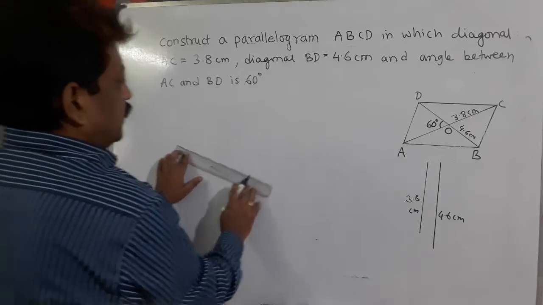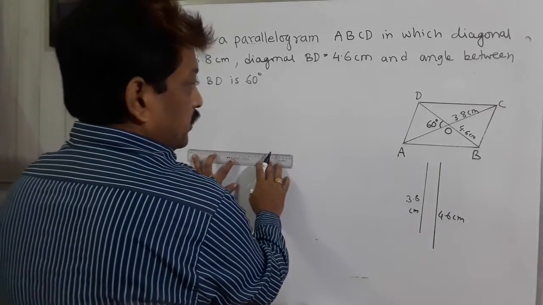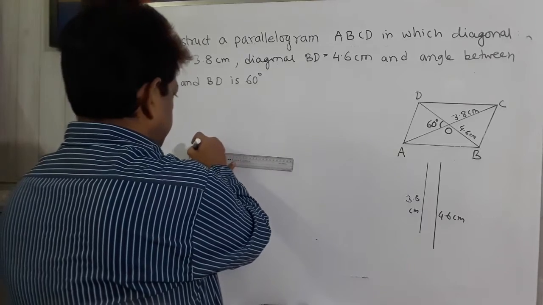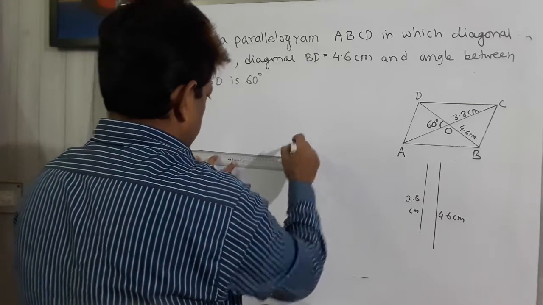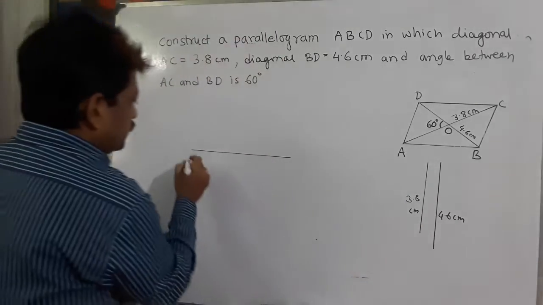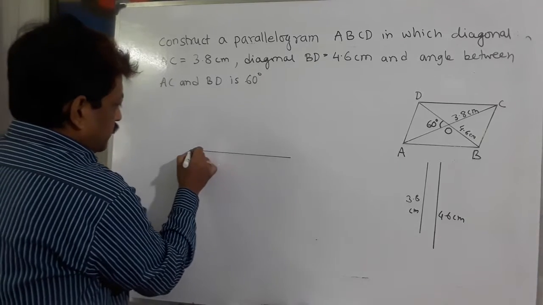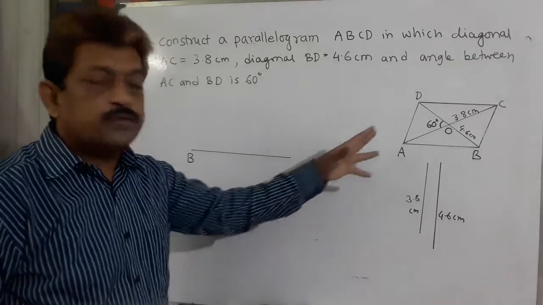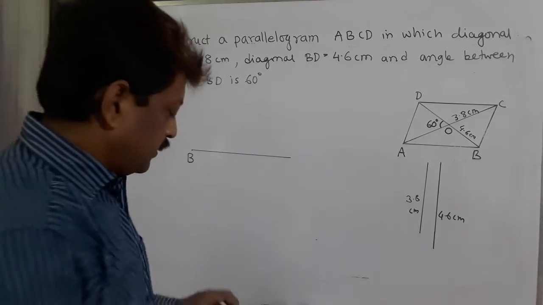So first of all, I am drawing the diagonal BD. Since BD is longer, that's why I am drawing diagonal BD. You can also draw diagonal AC.